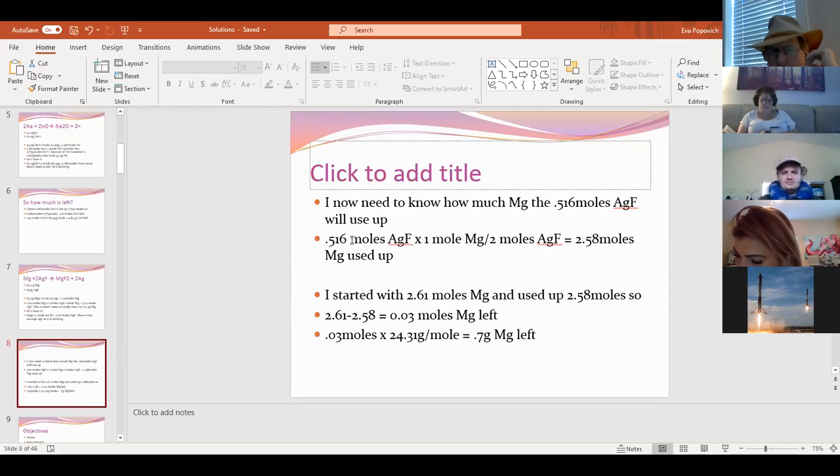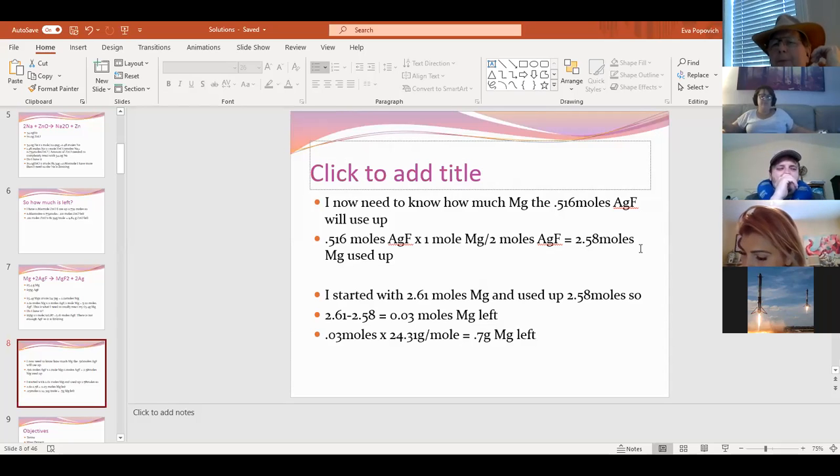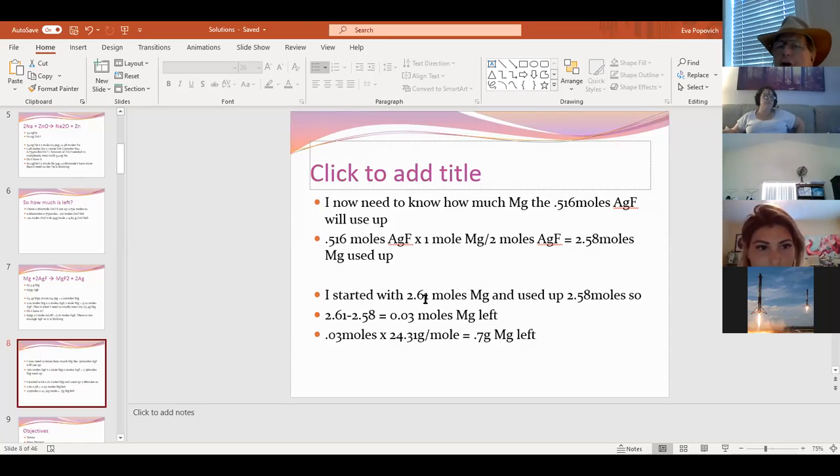So I started with 0.516 moles of silver fluoride. I'm going to multiply it by 1 mole of magnesium over 2 moles of silver fluoride. This means I used up 2.58 moles of magnesium. But I started with 2.61.